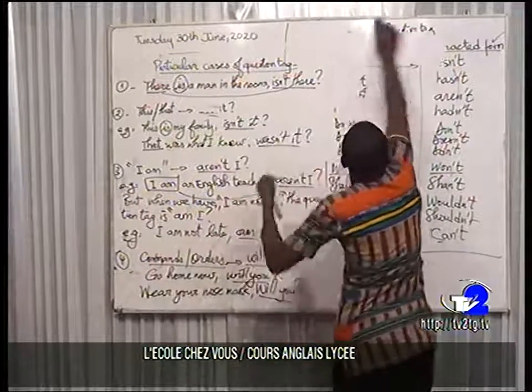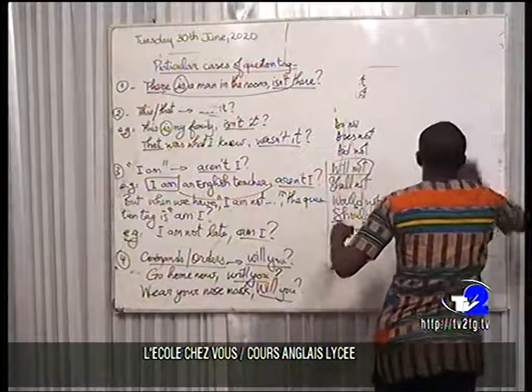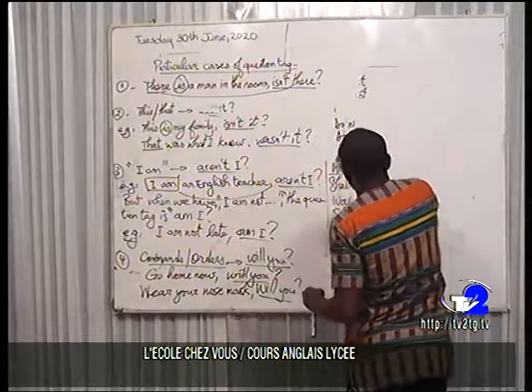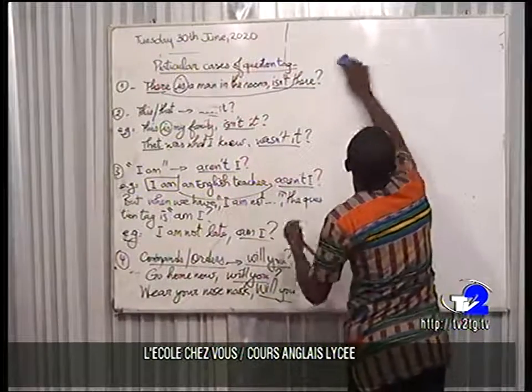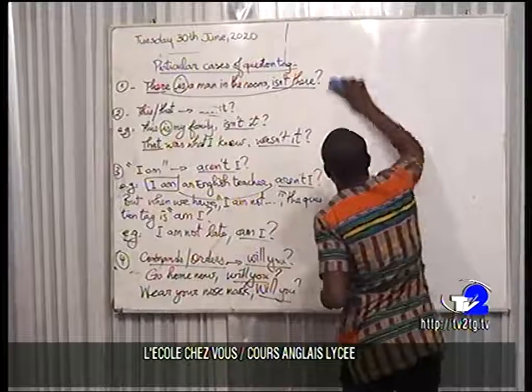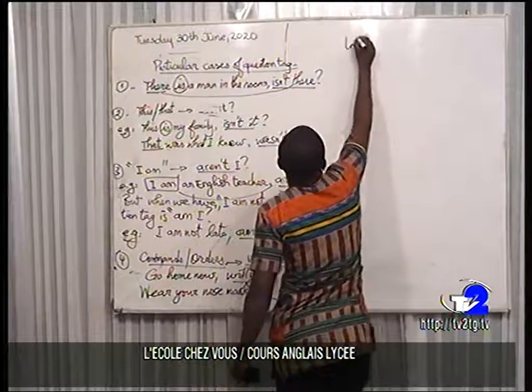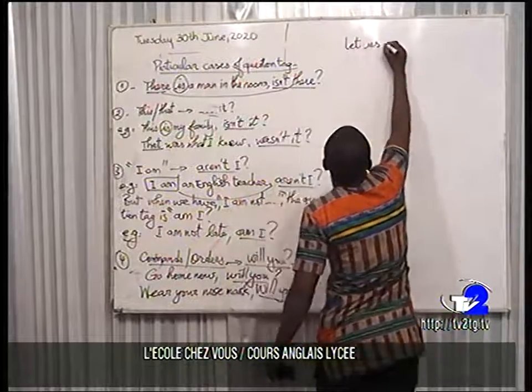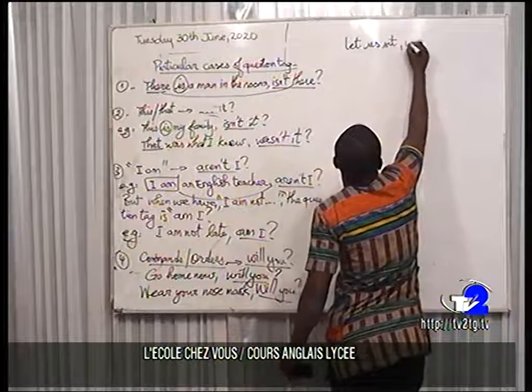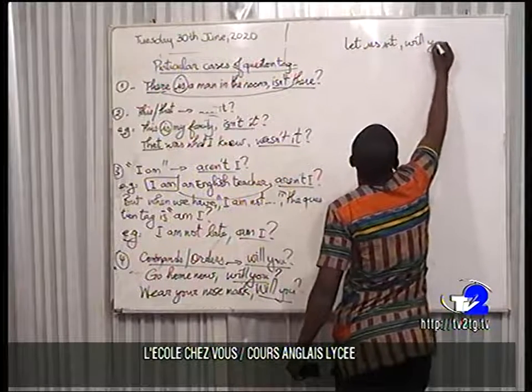But another one. Now let's form an imperative sentence where the person who is talking will be part of the action. So for instance, when I say "Let us sit down," the question tag is "will you".